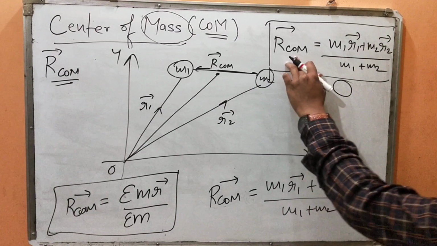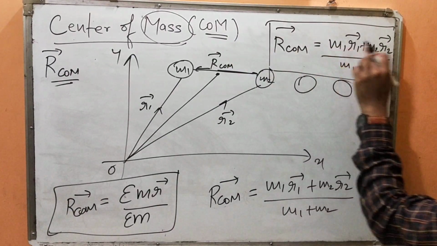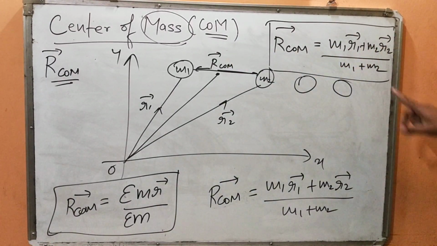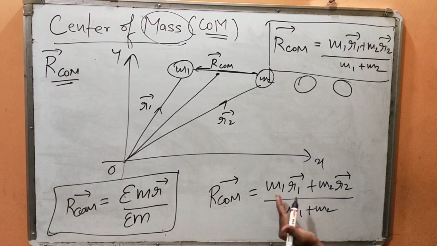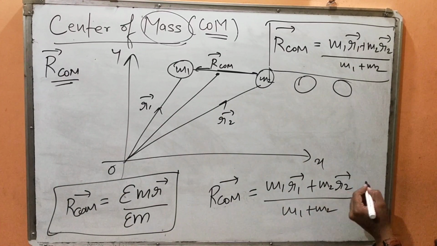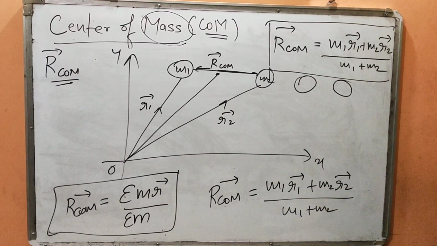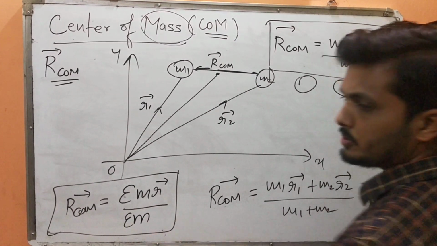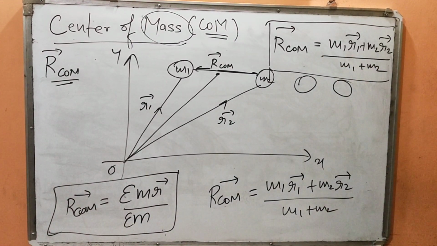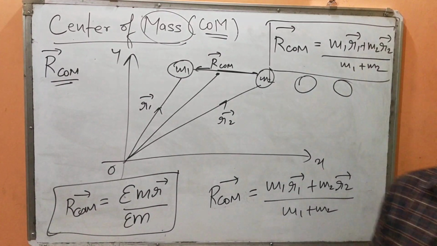So the center of mass in terms of position vector is given by m1 r1 plus m2 r2 divided by m1 plus m2. If there is a system of 3 or 4 or more particles, then just go on doing it: m1 r1 plus m2 r2 plus m3 r3 and so on. So in generalized form I can write summation of m r divided by summation of m. What is r? r is the position vector.